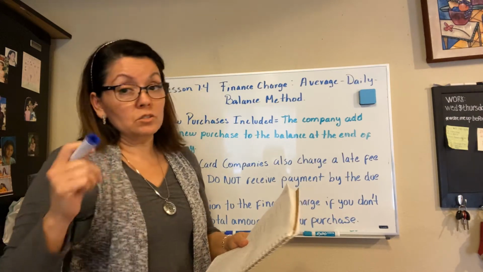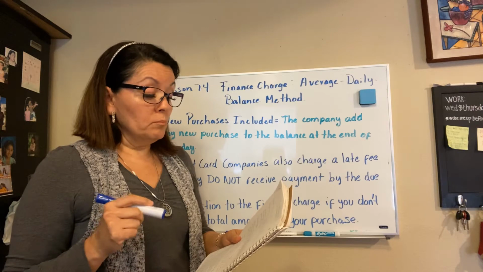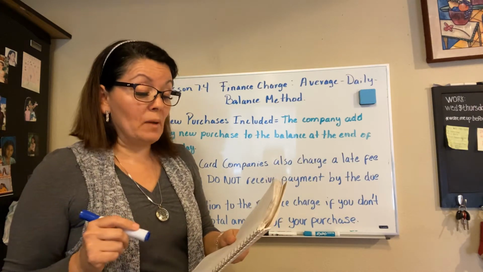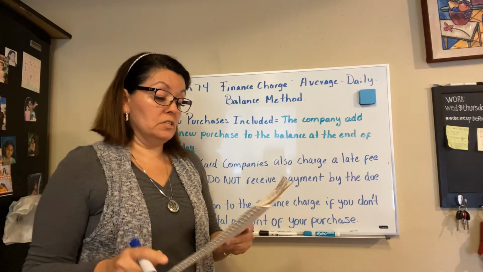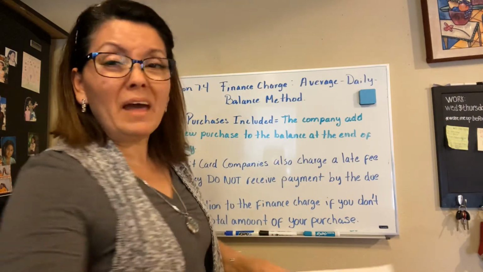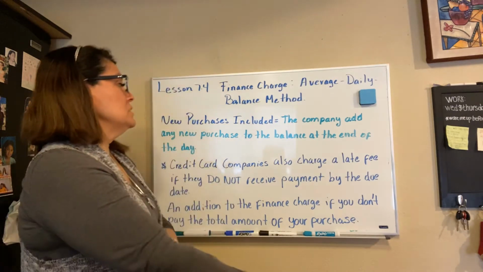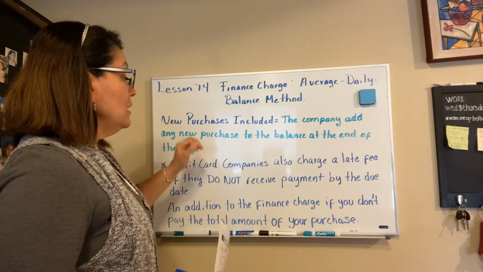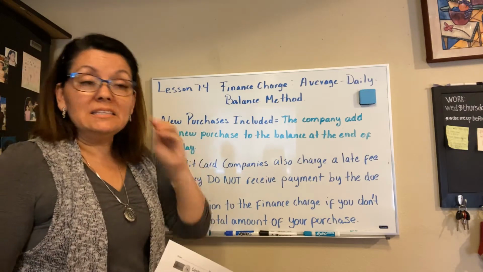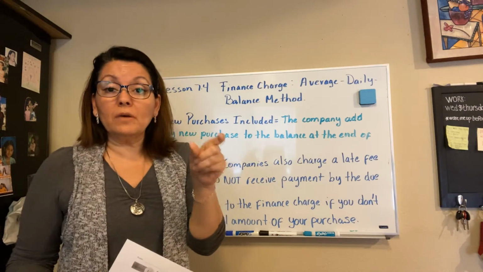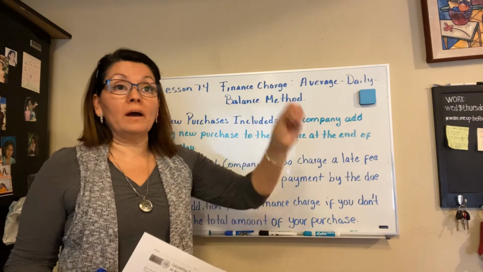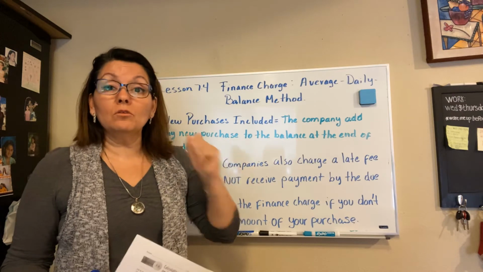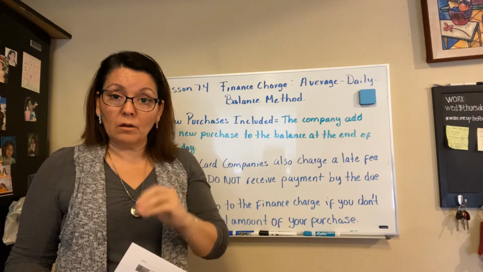It says here, the student will be able to compute the final charge based on the average daily balance method, new purchase included. Okay, what does that mean? It means that the company is going to add any new purchase to the balance at the end of the day. If you use your credit card, if you went to buy clothes, it is going to show on your balance that you already owe that money, okay?